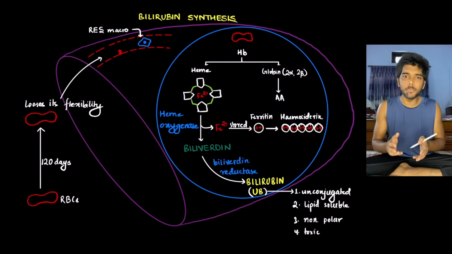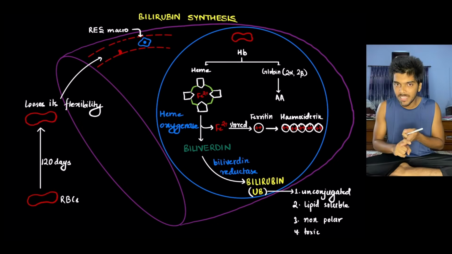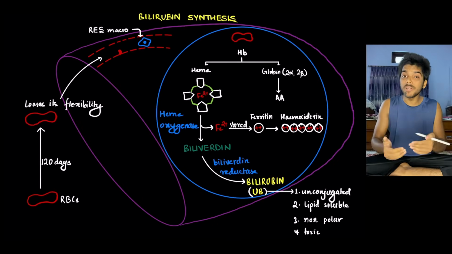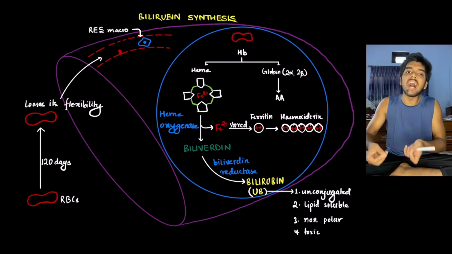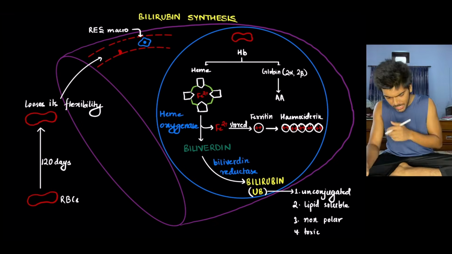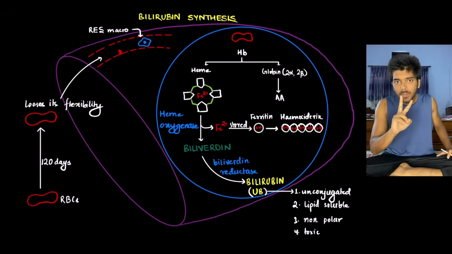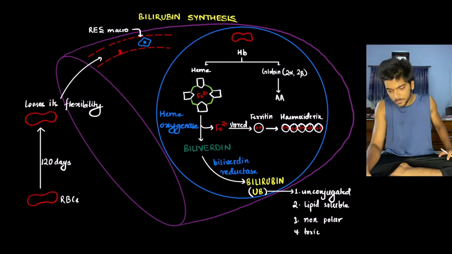See, actually the property is just two. One, that it is lipid soluble, and another that it is toxic. It is lipid soluble because it is unconjugated, and lipid soluble are non-polar. See, these two properties are responsible for two things.